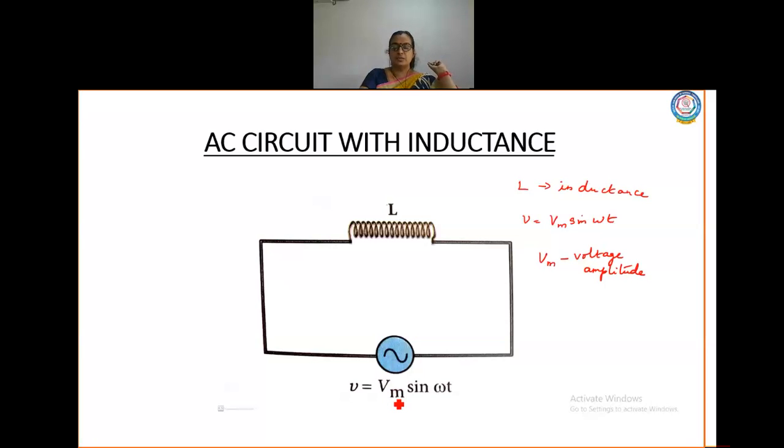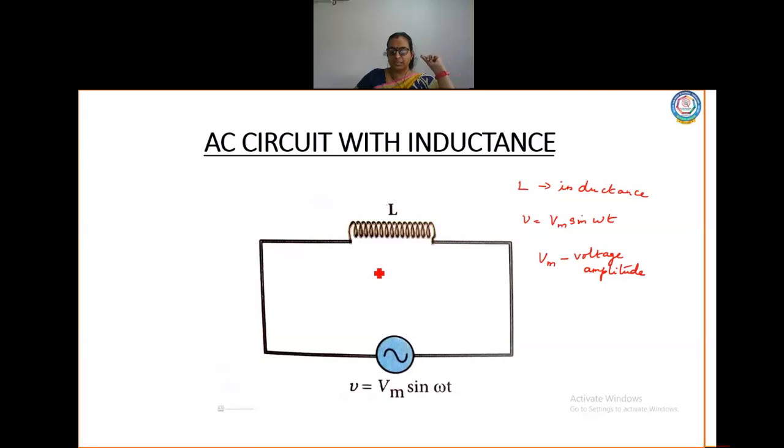Okay, so when this alternating voltage is applied across an inductor, an alternating current will flow through the inductor and a self-induced EMF is produced in the circuit.